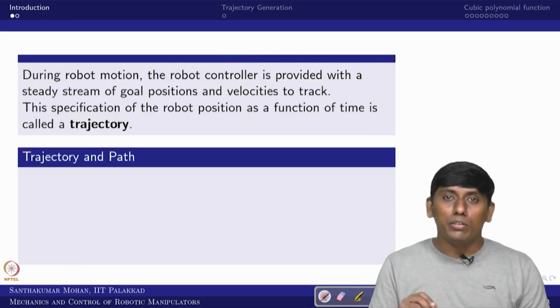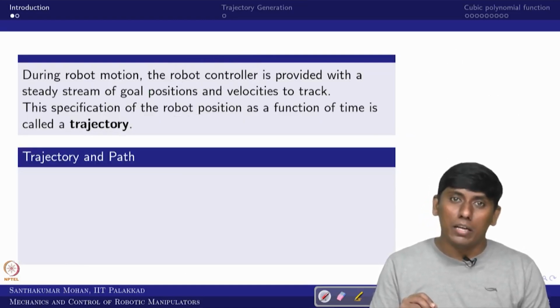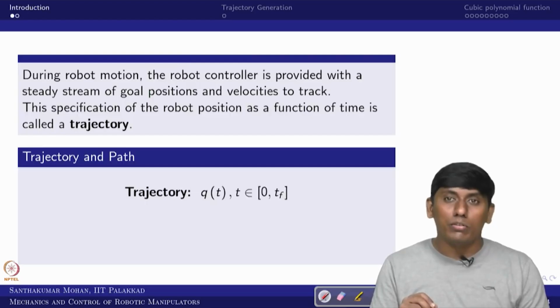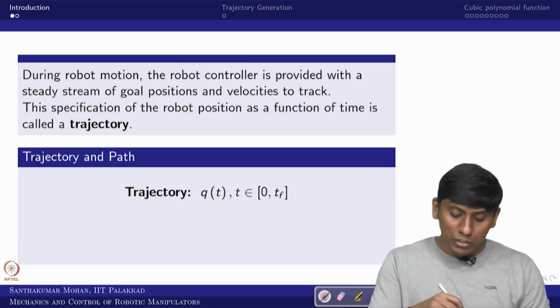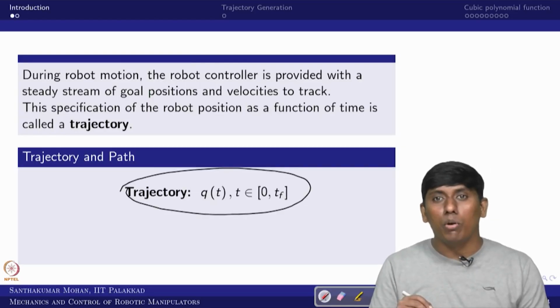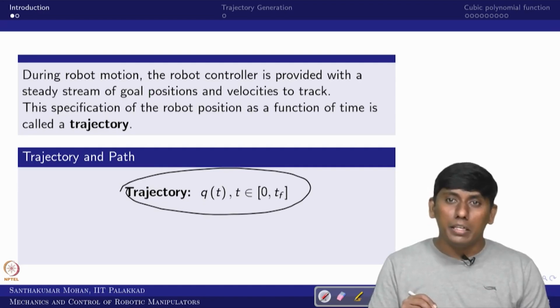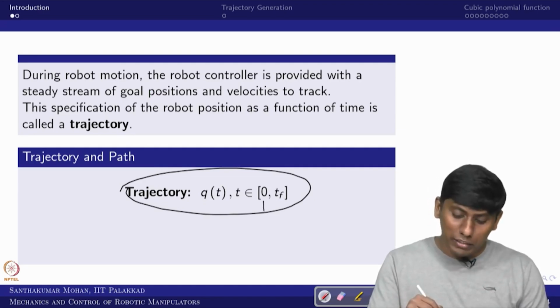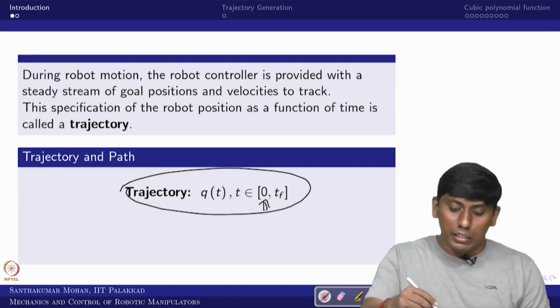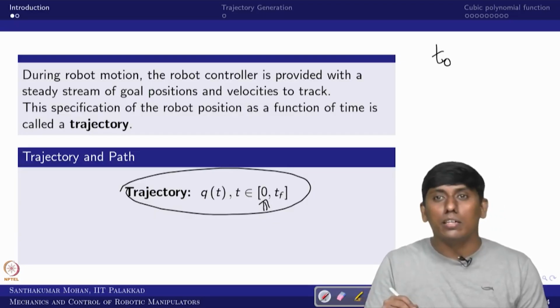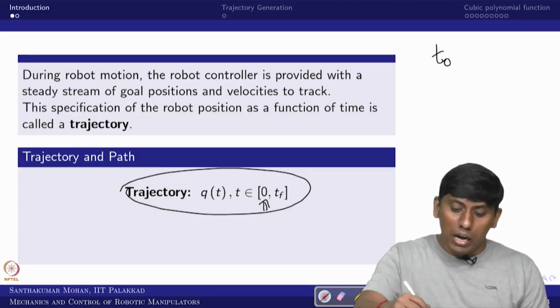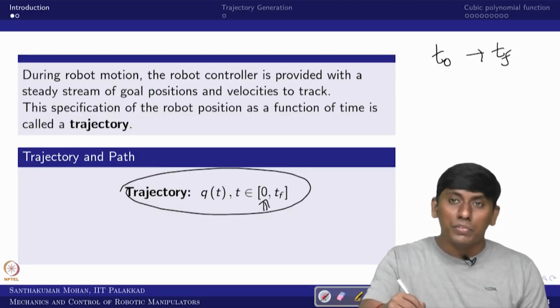Then we need to differentiate between path and trajectory. For the trajectory, we take q as the position, so q of t is given, starting from 0. It need not be 0 all the time, so I say the starting point is t0 and it ends at tf.